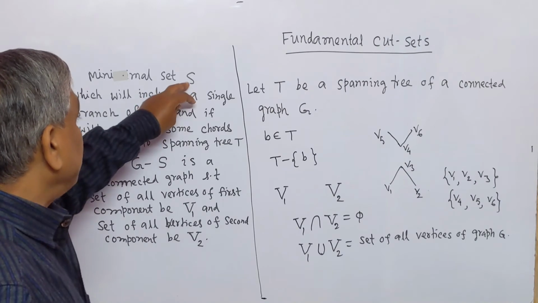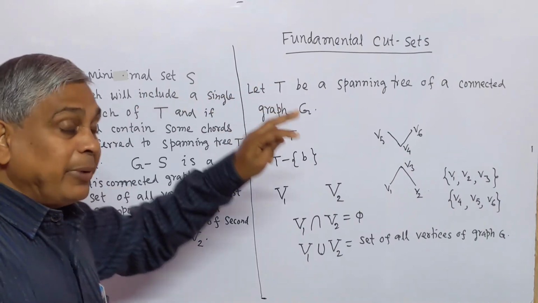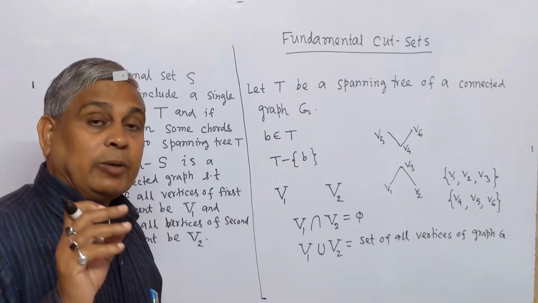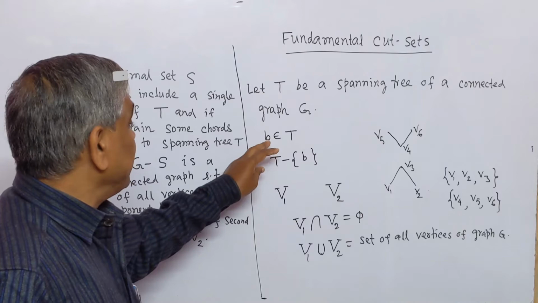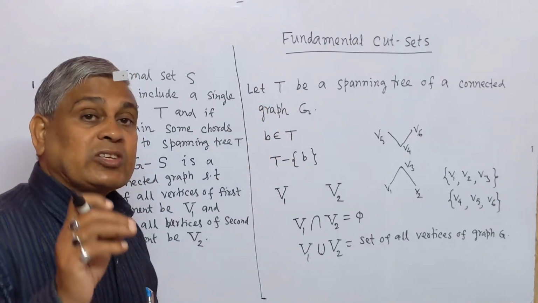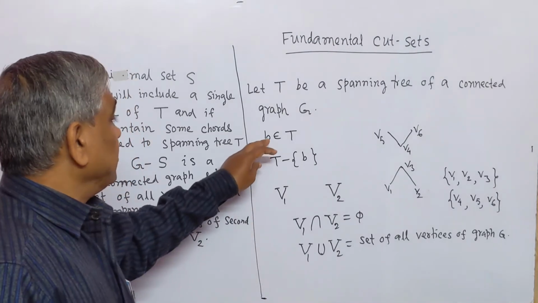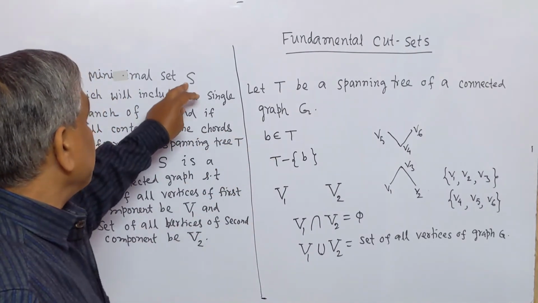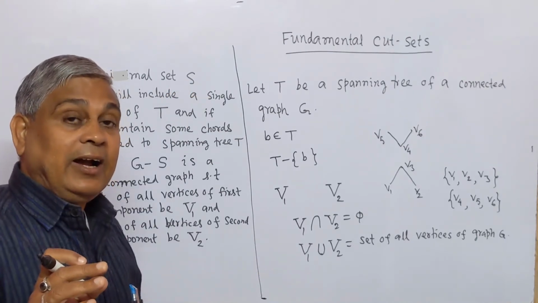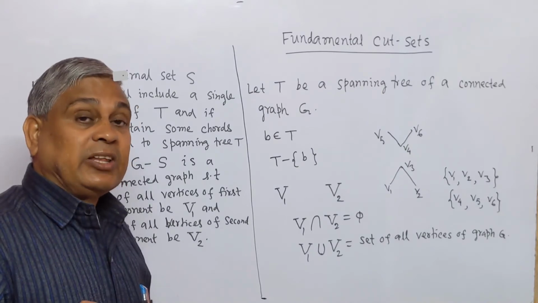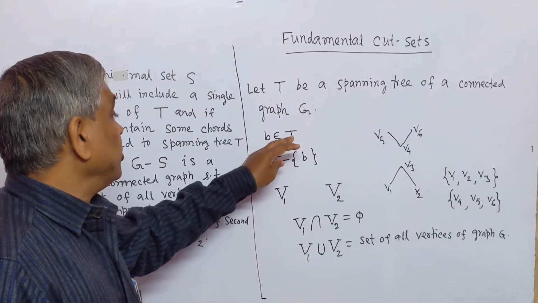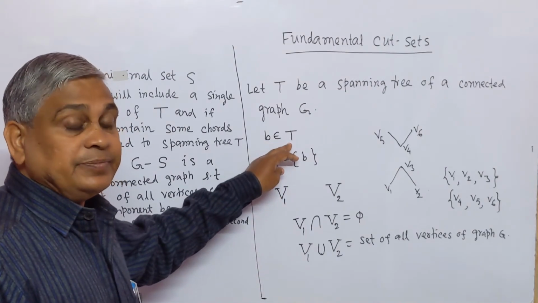Then S is called a fundamental cut set referred to the spanning tree T. Therefore, each branch B belongs to spanning tree T with some chords. This set S will be a cut set, and this cut set be the fundamental cut set referred to the spanning tree T.